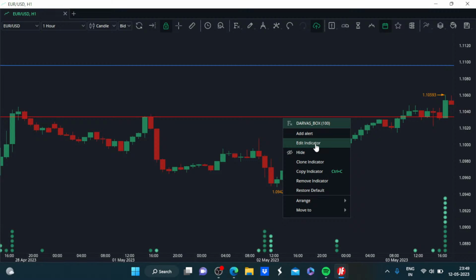Let's see what we are getting in terms of the customization options for this indicator. Give me a couple of more seconds. It should respond.